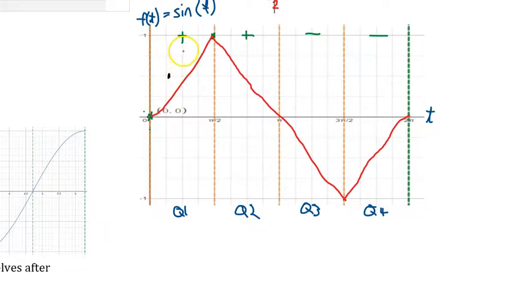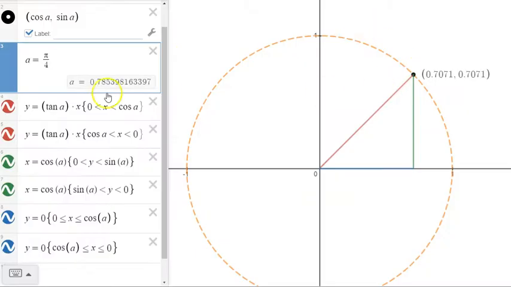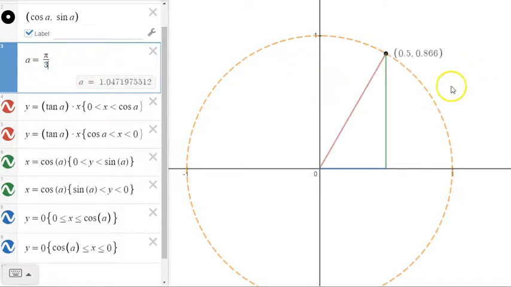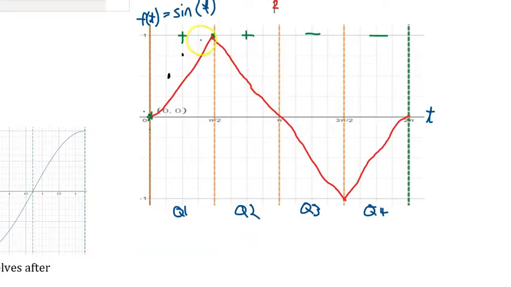So that would be roughly somewhere around here, I guess. And then let's go pi on 3. That's a nice angle. So 0.866. So graphing that, we're going to look something like here.